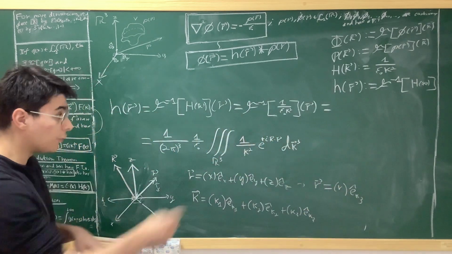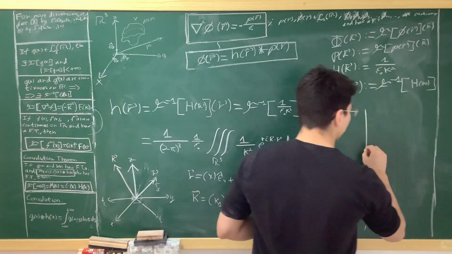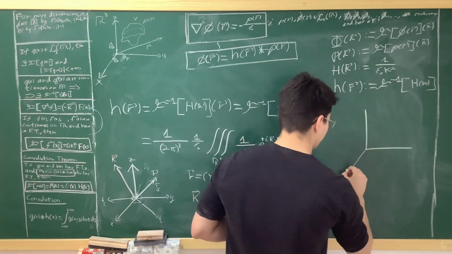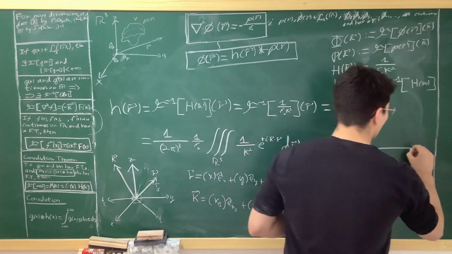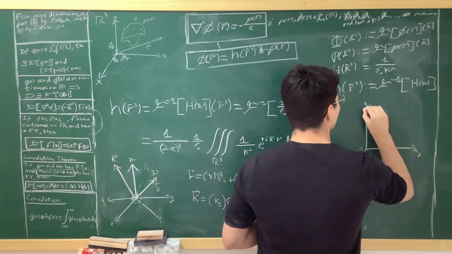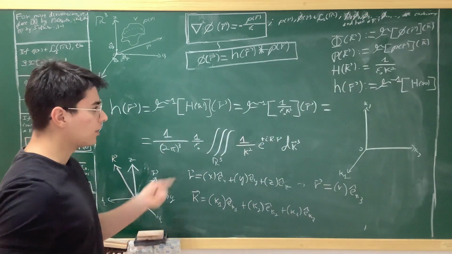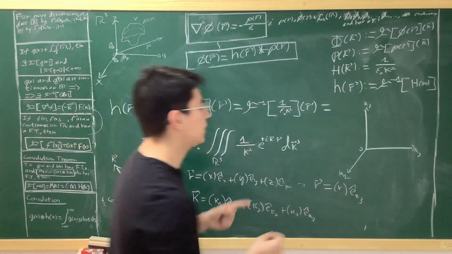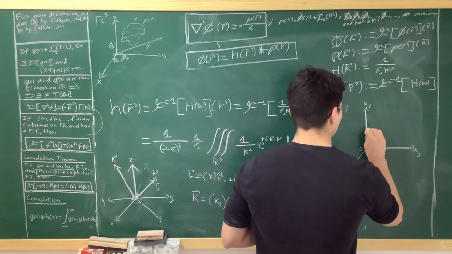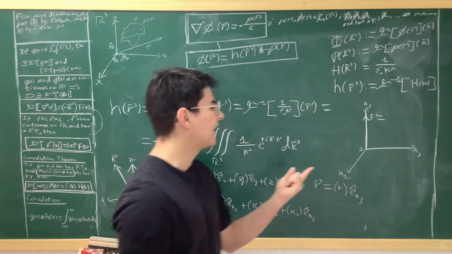And why r? Well, if we draw this new set of axes, k1, k2, and k3, we said that we're going to choose them such that r goes in the k3 direction. So how is r described?